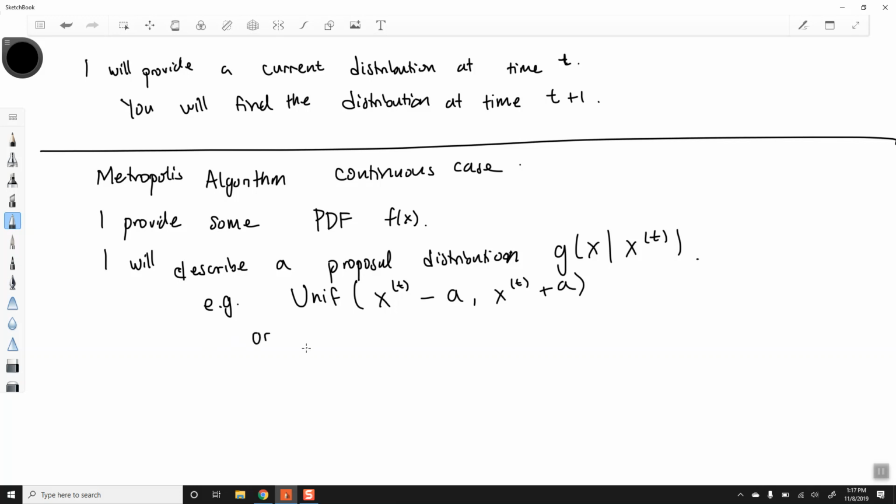Or normal with mu equal to x at time t, and we'll say standard deviation equal to 1. All right, so those would be your possible things.